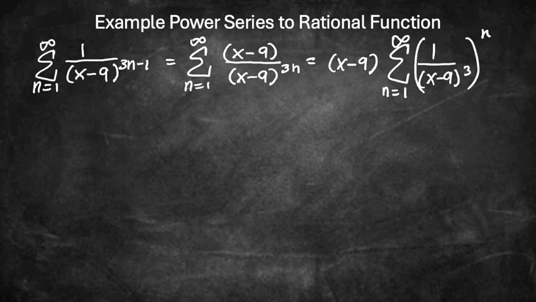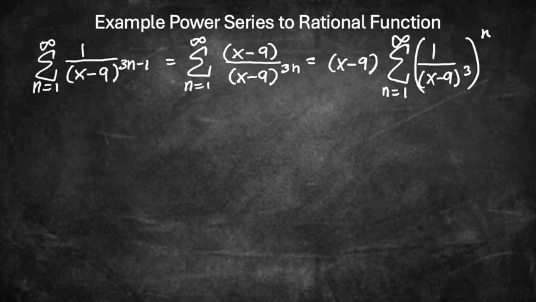So now we have the series n equals 1 to infinity of 1 over x minus 9 to the third, and then instead of writing it as to the power of 3n, I used the rules of exponents again to rewrite that whole ratio to the power of n. And then, of course, we still have a factor out here in front that we have to make sure to carry down.